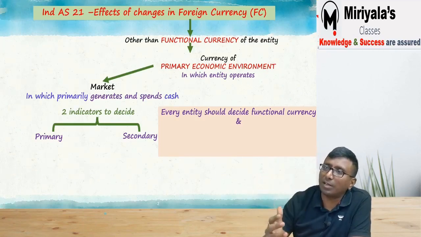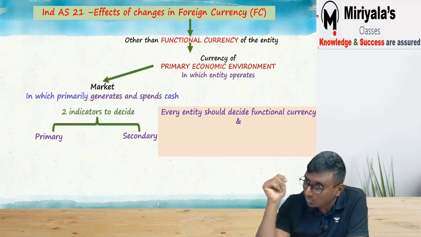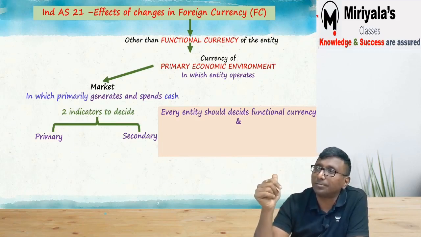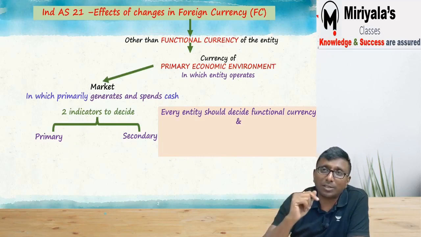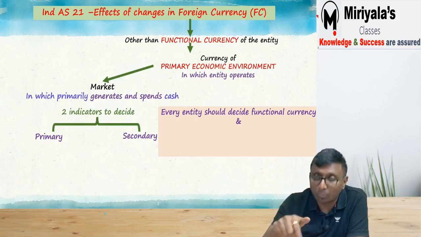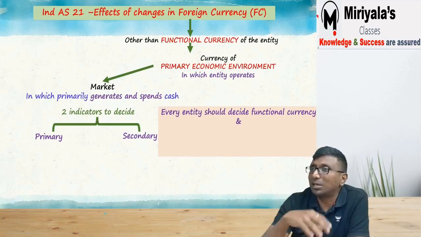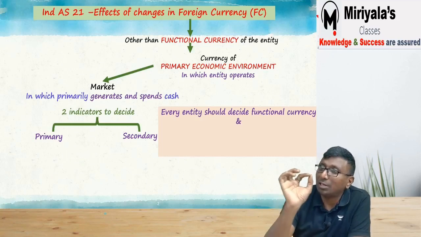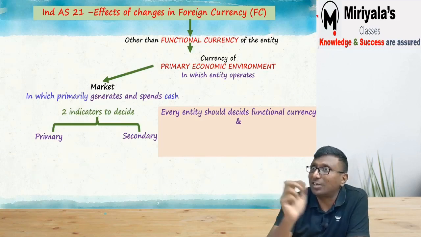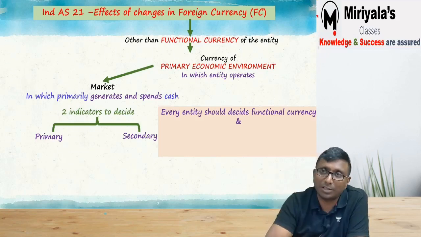In the next paragraph, as one of the disclosures, you have to mention your company's functional currency, whether it is rupee, or outside India, dollar or pounds or something else. You are supposed to mention it. That's why we first have to decide what the functional currency is for your company.